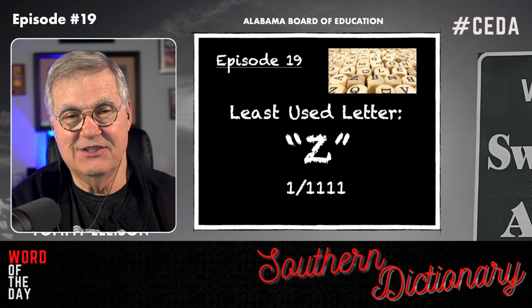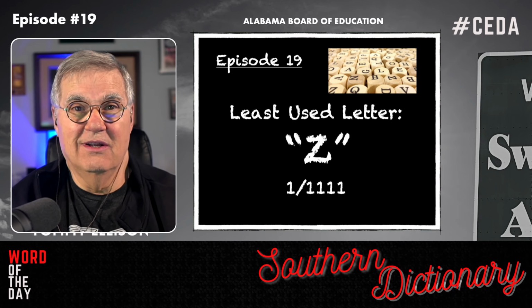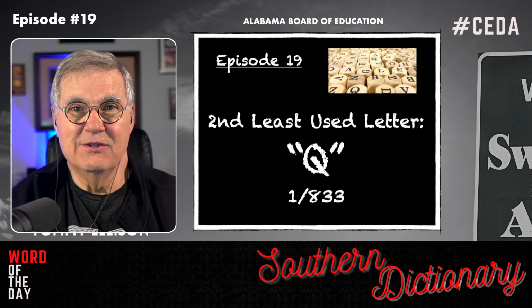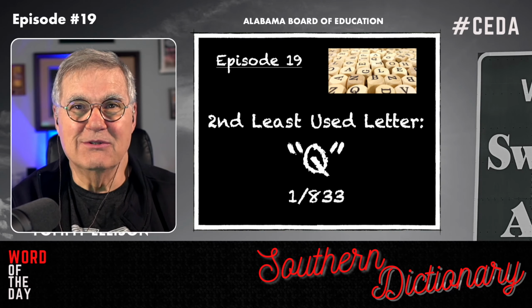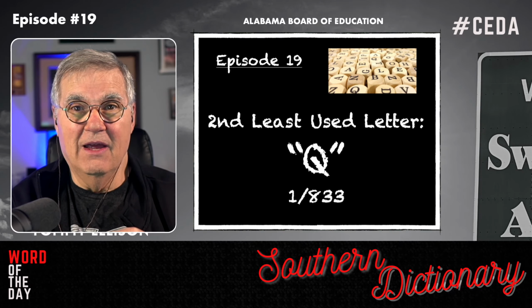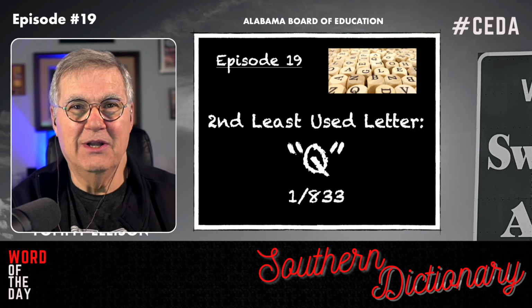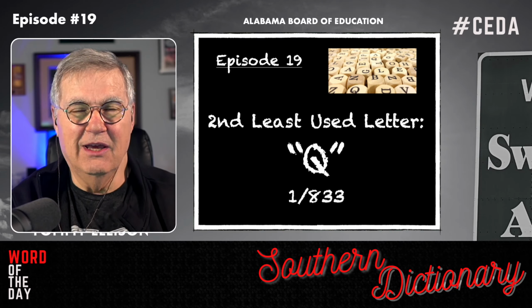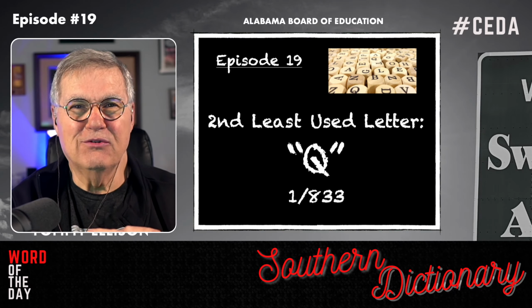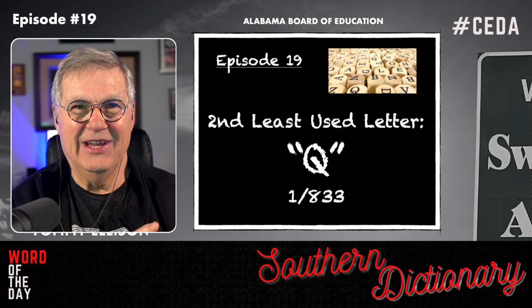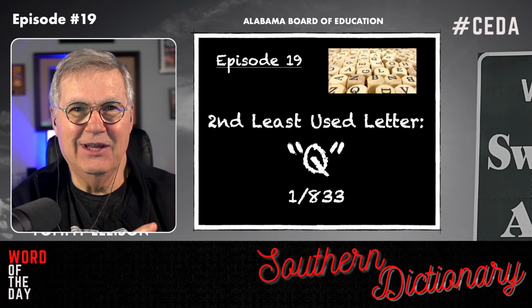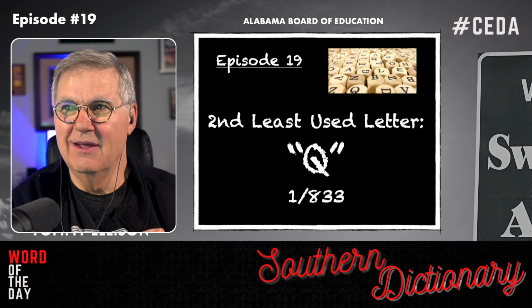The second least used letter in the alphabet was the one we're looking at today, the letter Q. And the letter Q scored at one time per 833 words. Interestingly enough, and I don't have a graphic to represent this, the most frequently used letter was the letter E, which appears once in every 8 words. So, kind of interesting.